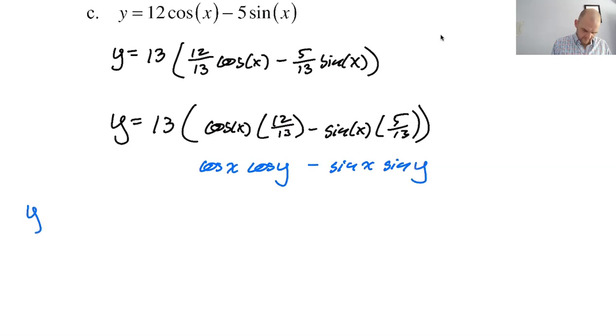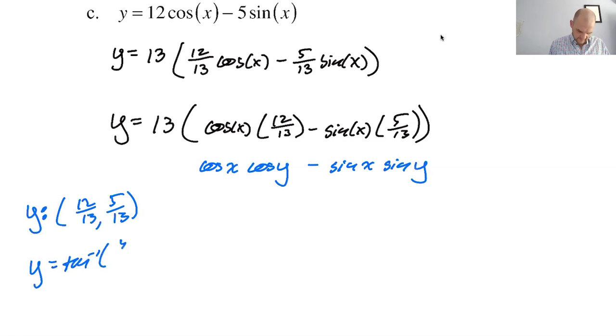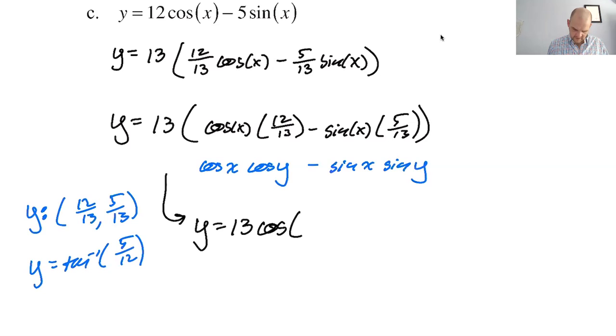But in this case, for y, the ordered pair would be 12/13 and 5/13, so y would be the tan inverse of 5/12. So we would end up with y equals 13 cosine of x plus tan inverse of 5/12.